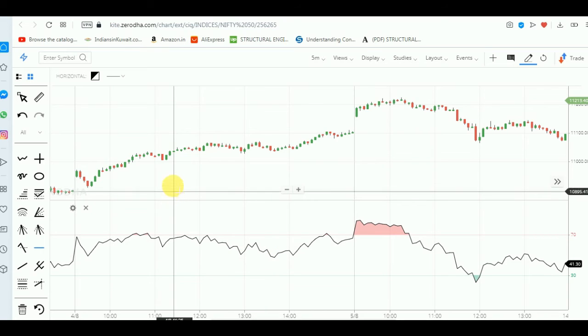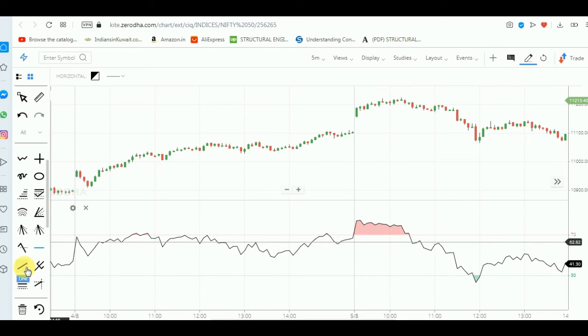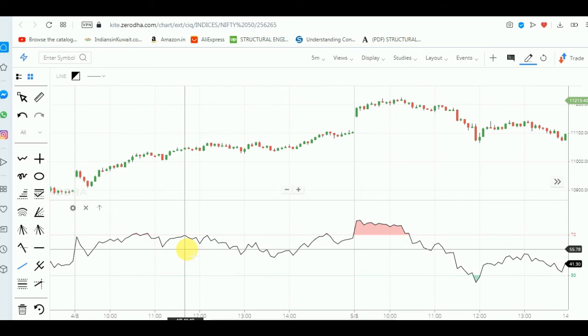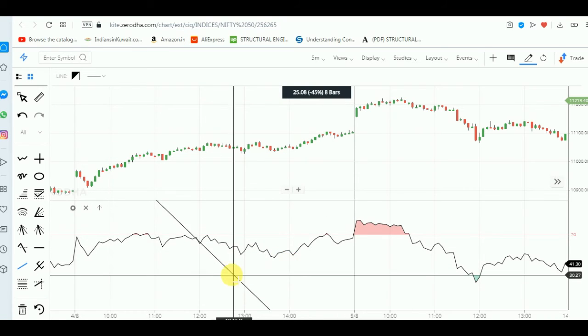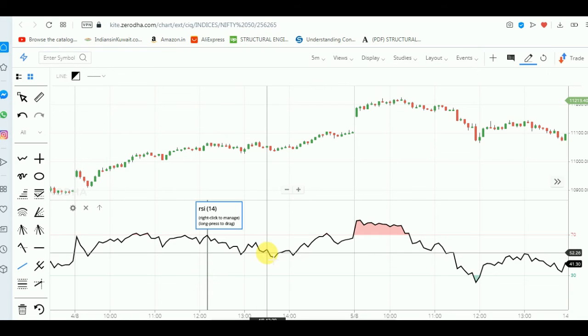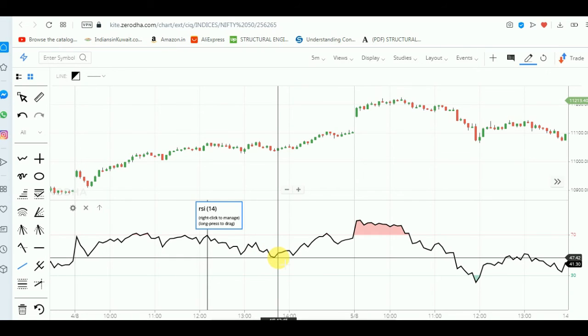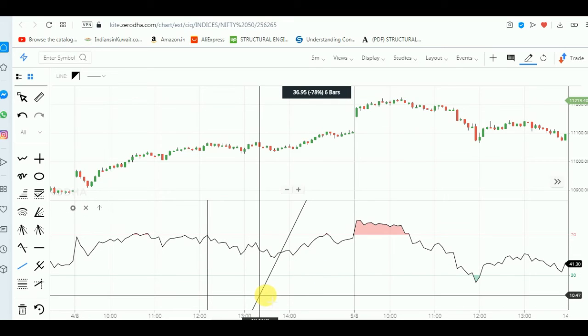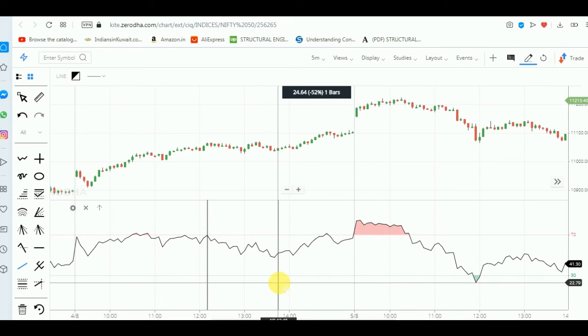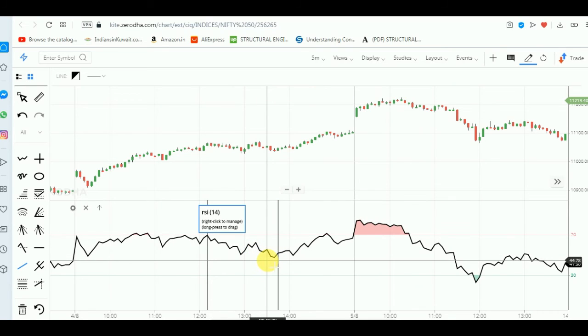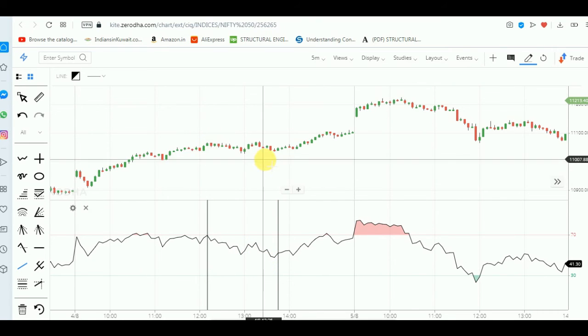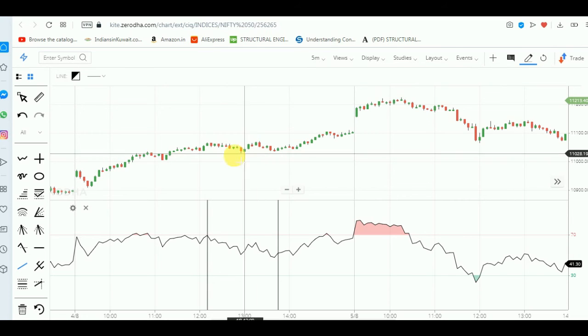But the price action, if you see, from this level to this level it moved slightly downward, but here you cannot see any downward direction, it is trading flat.